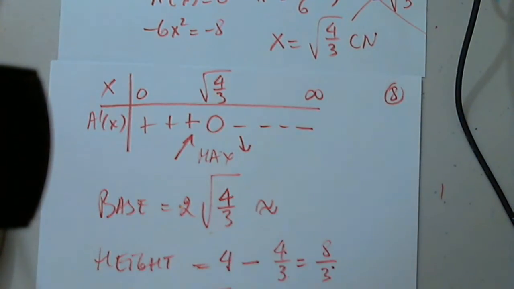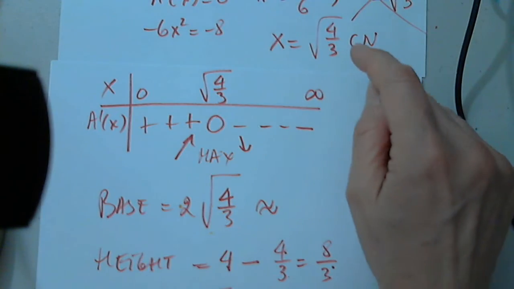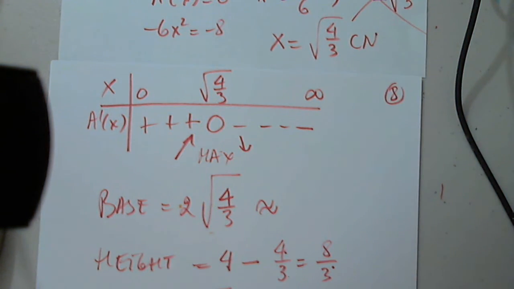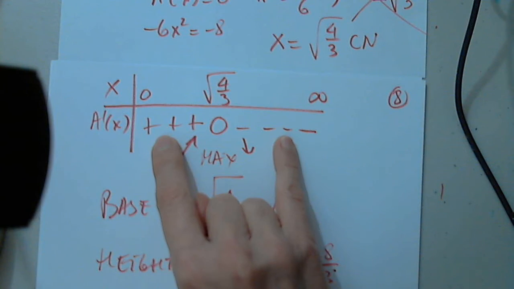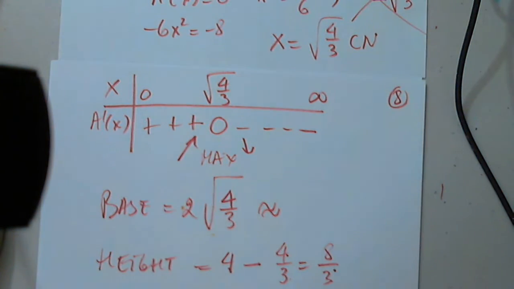That's why I insist, if you don't show this, I can't give full credit, because finding the square root of 4/3 doesn't mean anything. It's just a number. But you have to show that this number gives a maximum. If you don't show that it gives a maximum, then you're not telling me anything.